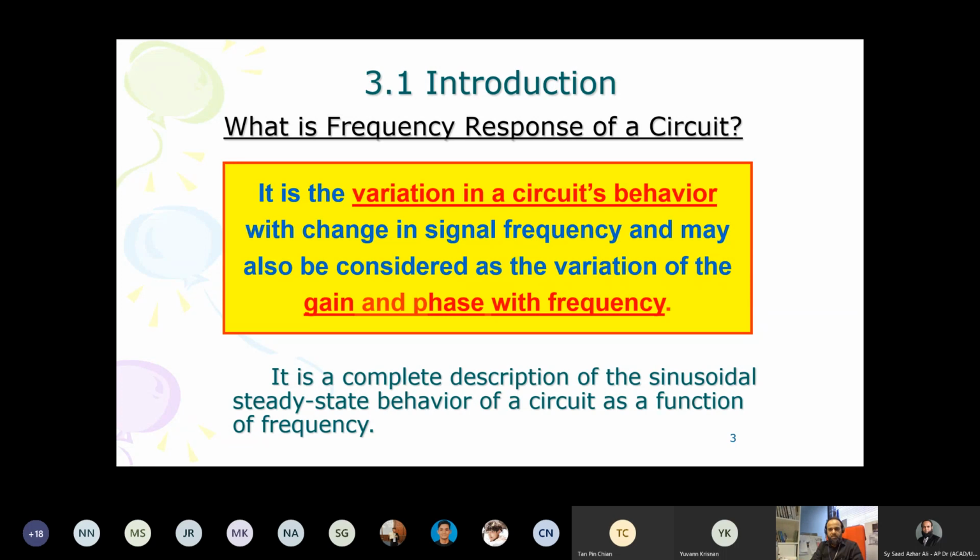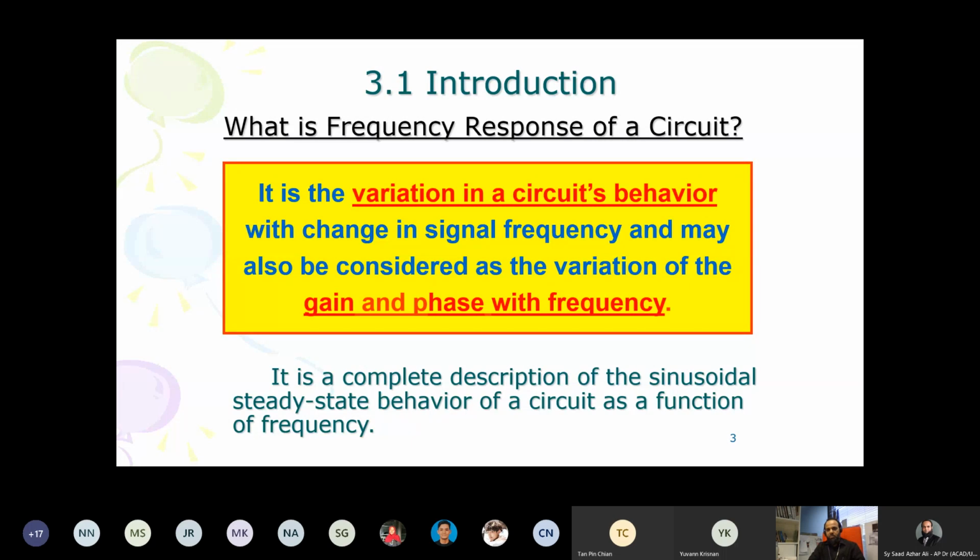Anyone? Can you guys hear me, by the way? Thanks. Okay. What is a step response? Anyone? You have done step response, impulse response, all of this, in your signals and systems.